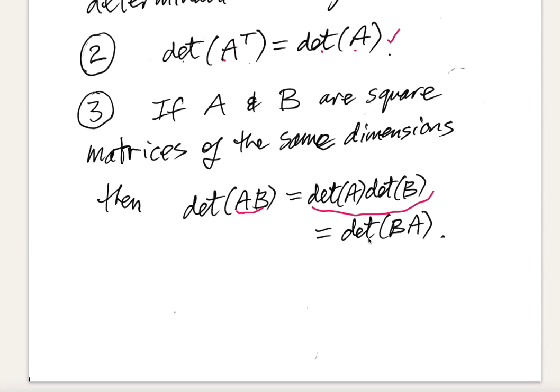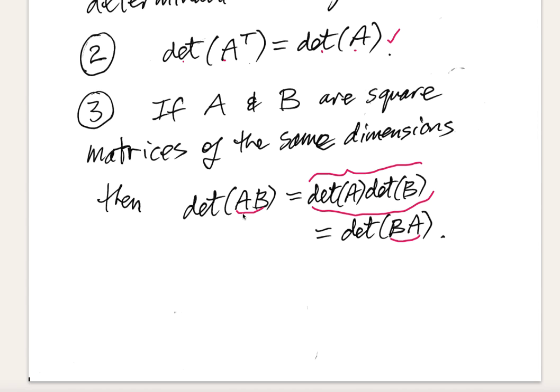Notice that since these would be square matrices of the same dimensions, both BA and AB would be defined, right? And notice that the determinant of BA, because the determinant is multiplicative, would be the determinant of B times the determinant of A, but because those are just numbers, and multiplication of numbers is commutative, this has to be the same as the determinant of AB.